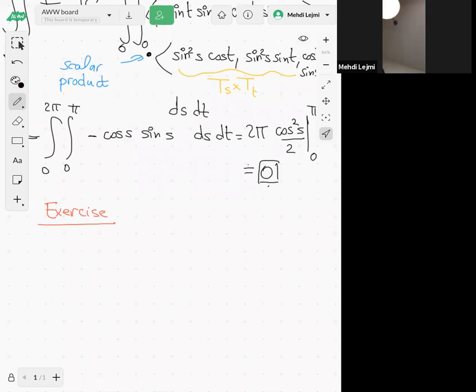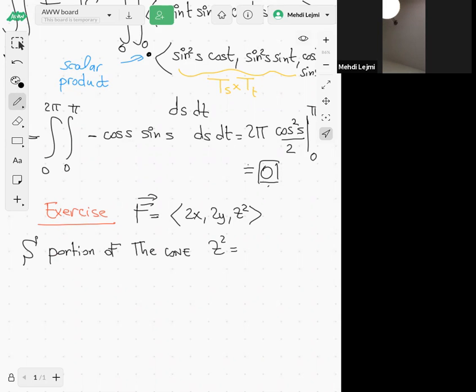Similar problem. Let's say you have this vector field F, which is 2x, 2y, and z squared. And S, the surface S, is a portion of the cone z squared equals x squared plus y squared, with z between -2 and +1.